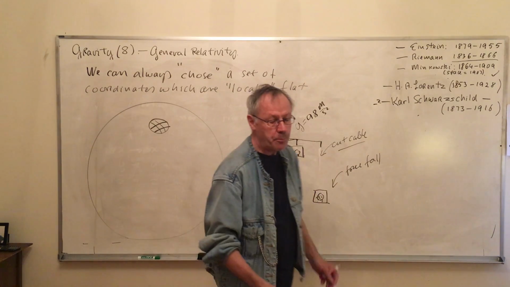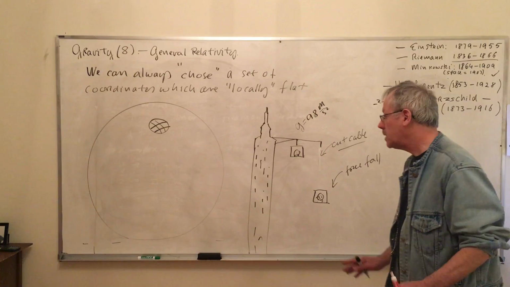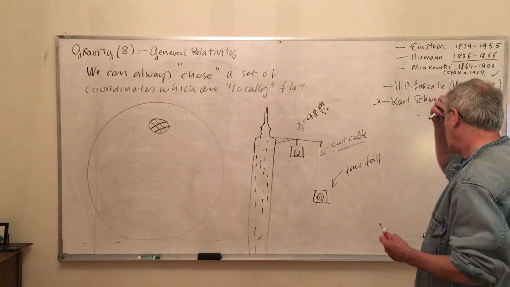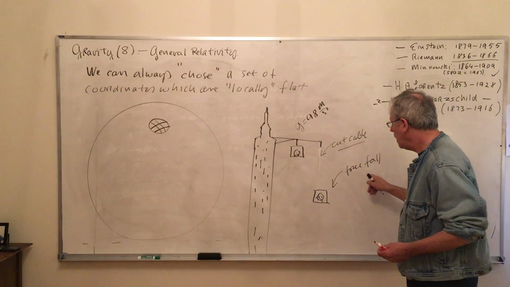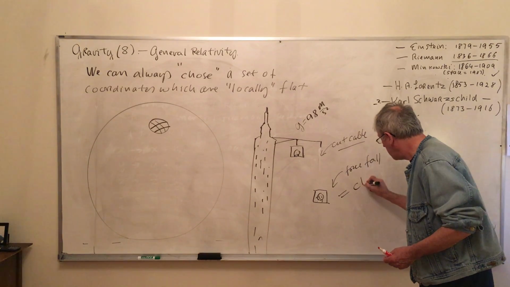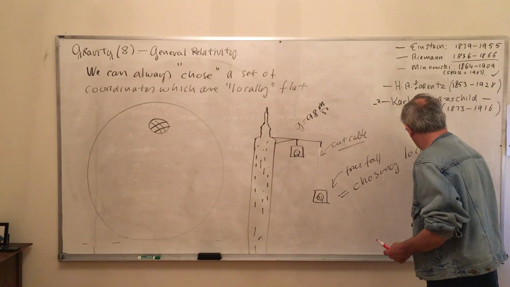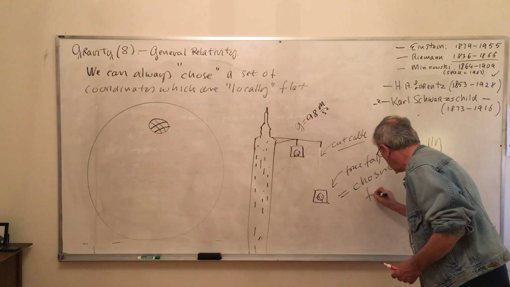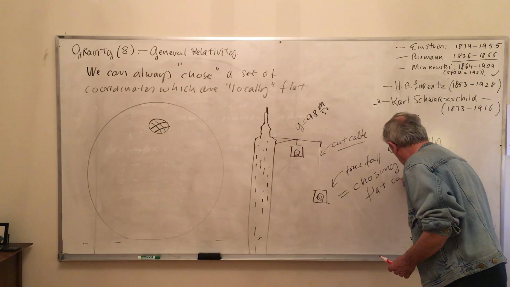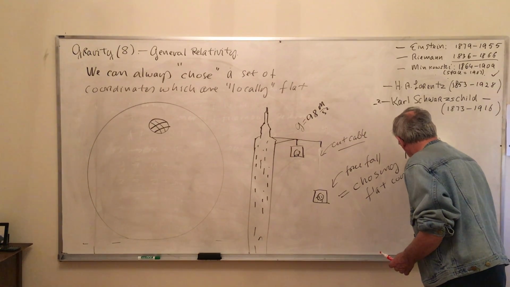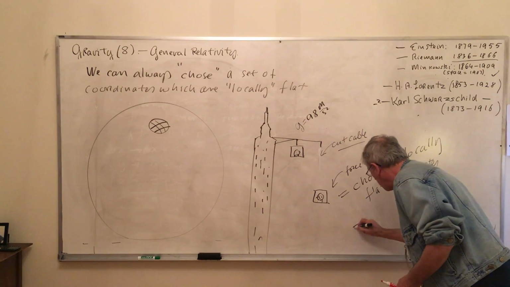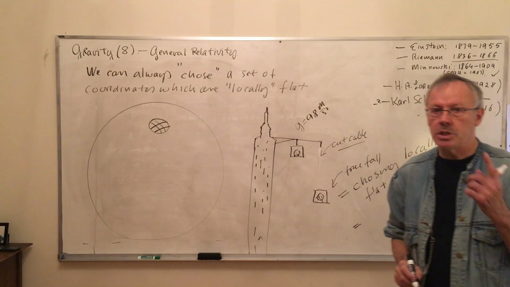The physicists won't agree with me out there when I say that, but it doesn't matter. It works. So, free fall corresponds to choosing a frame of reference which is locally flat.